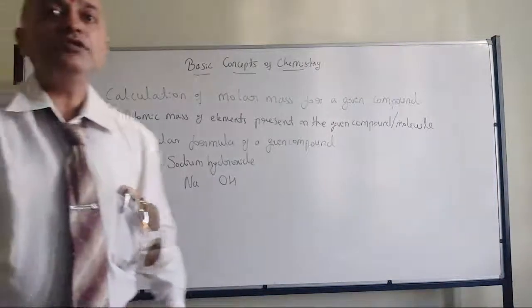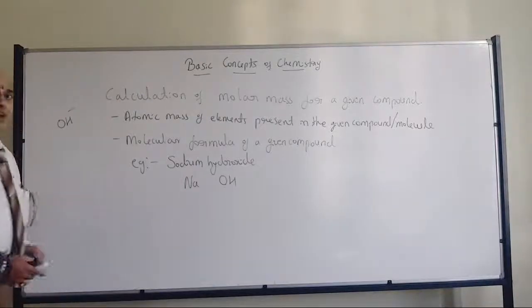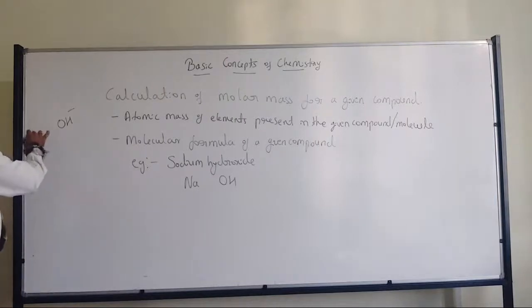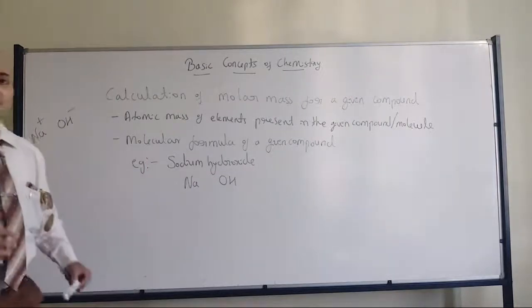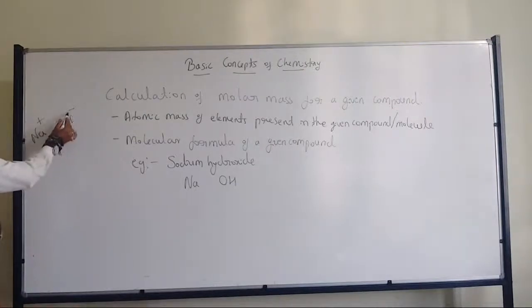Fine? It is neutral. Now, when I am talking about hydroxide, I told it is OH minus. And sodium has the capacity to attain Na plus. So whenever we are writing the formula, we have to cross multiply. Minus means there is minus 1. Plus means there is plus 1.